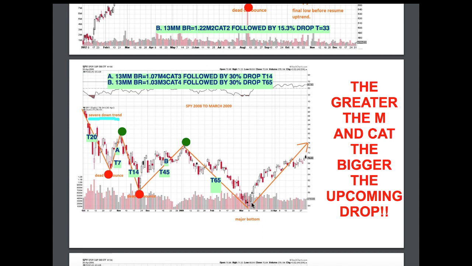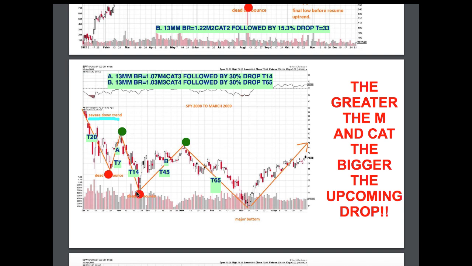But a crucial detail here not to overlook is that typically after bounce B, yes, the magnitude of the drop could be even greater. In this particular case, they were each about 30%. But overall, this time frame is longer than the bounce time frame. So here we had a 45-day bounce followed by a 65-day drop.